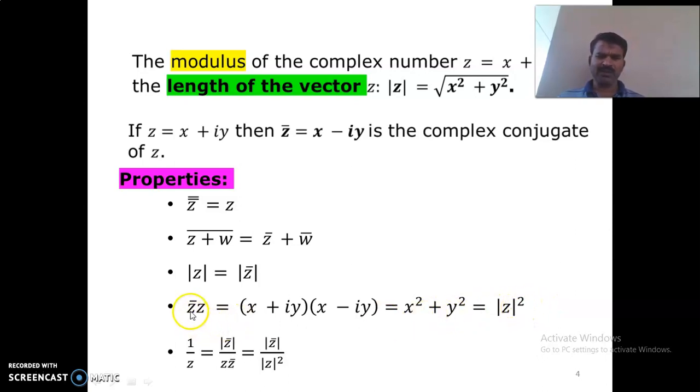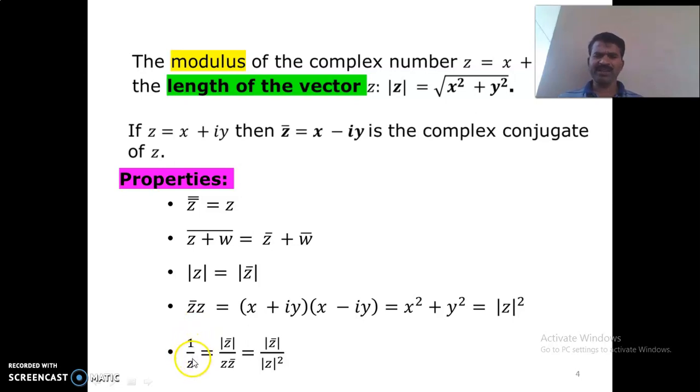Here z is x plus iy and z complement is x minus iy. Simplifying both, it becomes x square plus y square, which is |z| whole square. So |z| square is z into z complement.